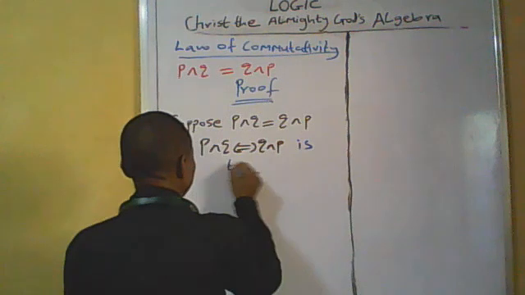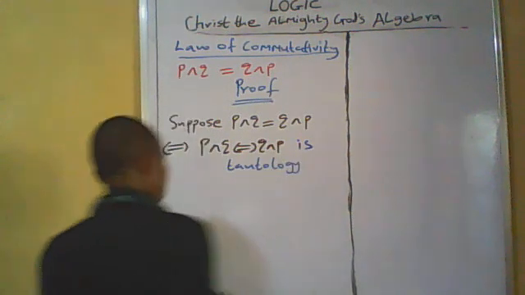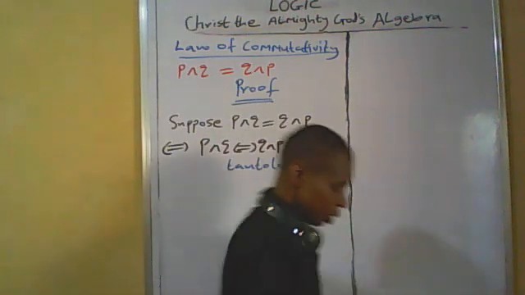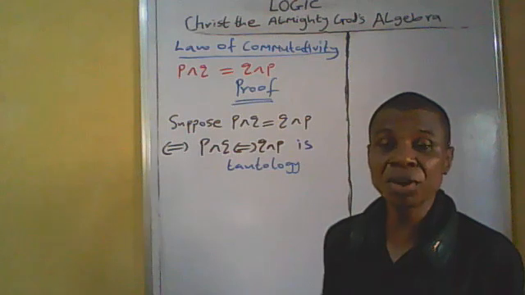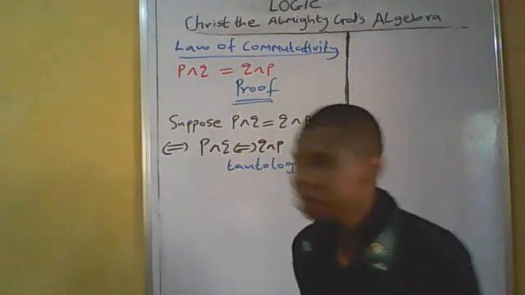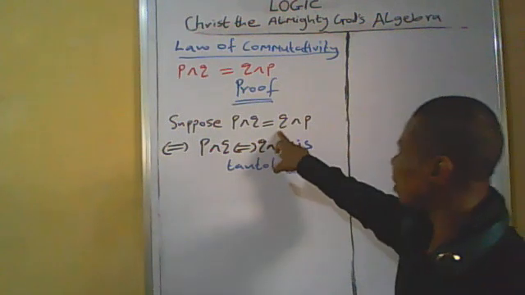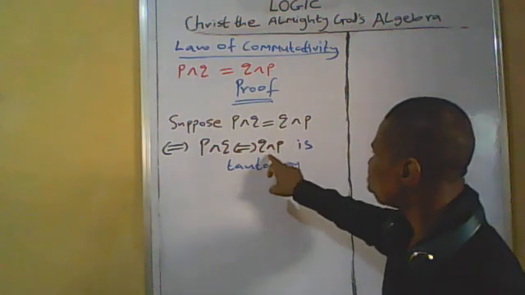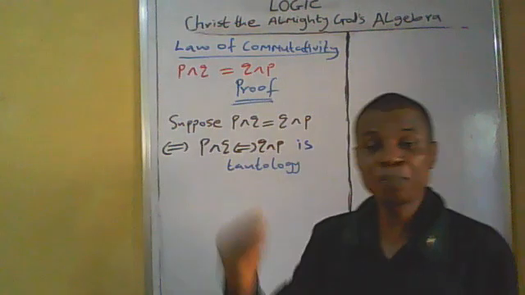is a tautology. So P and Q if and only if Q and P is a tautology. You have seen that this statement has now been transformed to a biconditional statement and still preserves truth.